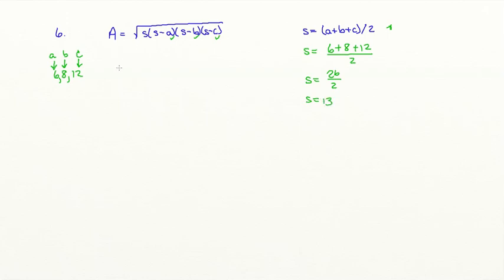Okay, so let's plug this in. So A equals the square root of 13 times (13 minus 6) times (13 minus 8) times (13 minus 12).